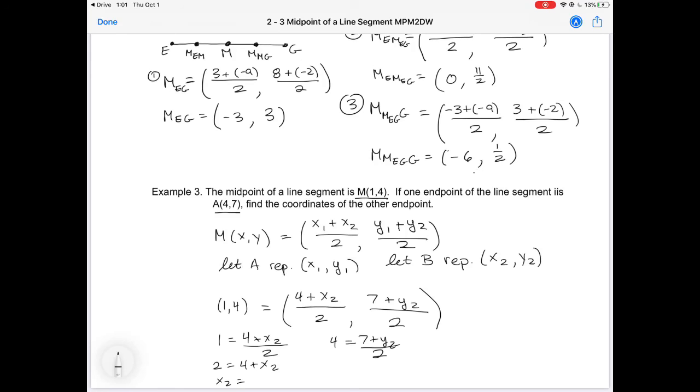So x2 is going to be minus 2. y2 is going to be 1. So therefore, the other endpoint is B minus 2, 1. At this point, you could always do a left side, right side check to make sure that that point actually does give you the given midpoint.